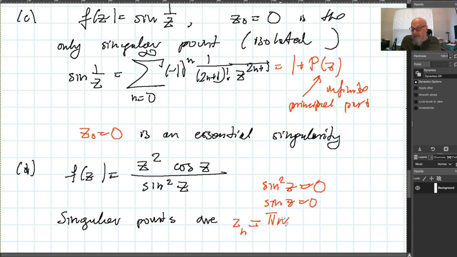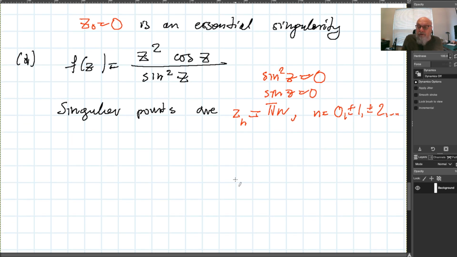Sine of z is 0 if z is equal to pi n. So that's it, this one is pi n, and n, of course, is equal to 0, plus or minus 1, plus or minus 2, etc. Notice that for the numerator the situation is not so clear, because if you put cosine of zn, this equals cosine of pi n, which is minus 1 to the power n.